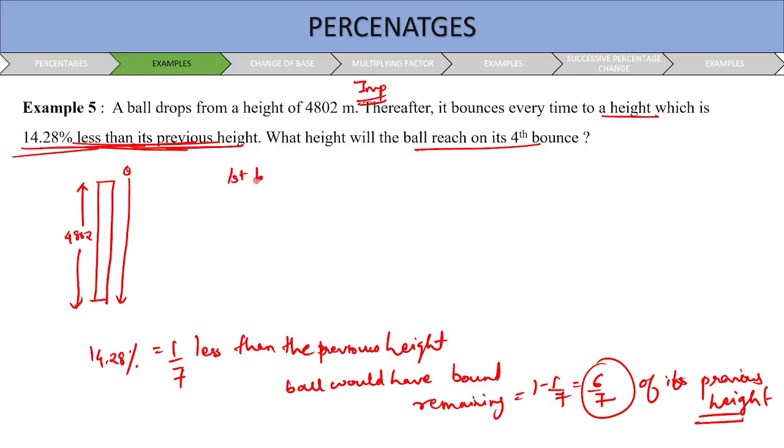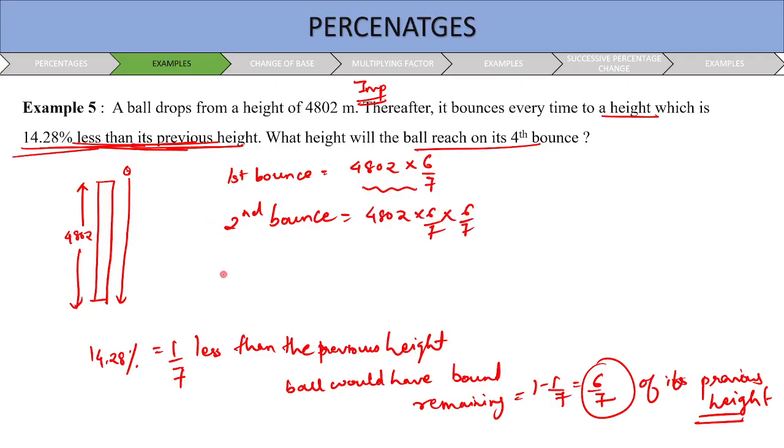So on its first bounce, the ball will reach a height of 4802, which was its previous height, and it is bouncing to 6 by 7 of its previous height. It is 4802 into 6 by 7. On the second bounce, it will be 6 by 7 of its previous height. His previous height is 4802 into 6 by 7, and of that 6 by 7 is your second bounce.